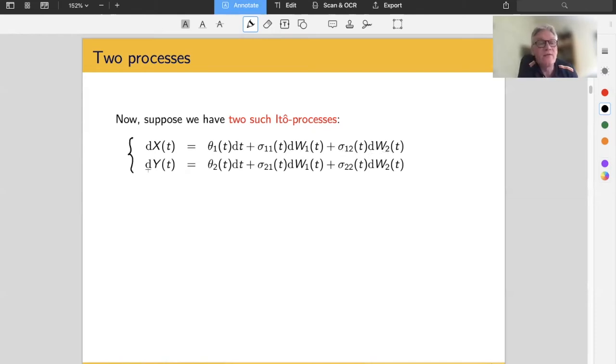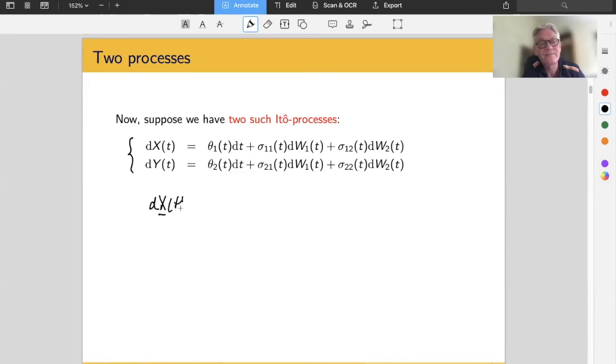And for Y, the dynamics is dYt equal to theta 2t dt plus sigma 1t dW1t plus sigma 2t dW2t. Writing this in vector notation, you see something like a drift vector, theta 1, theta 2, and here in fact we see a matrix appearing. So we can write this even in matrix form.